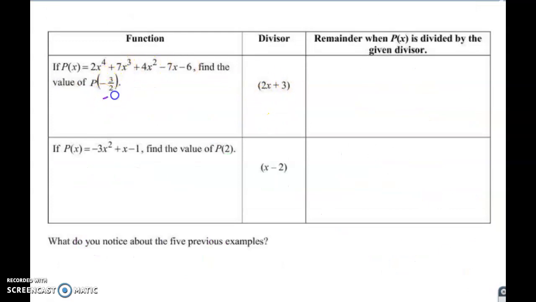So again, I don't really like that this person set it up this way. But if you did this using long division, you can also check the remainder is also the same. Now, as you're looking at this, the correlation is still the same, that this is your x value is negative 3/2. And if you solve for x in this problem, it is negative 3/2.